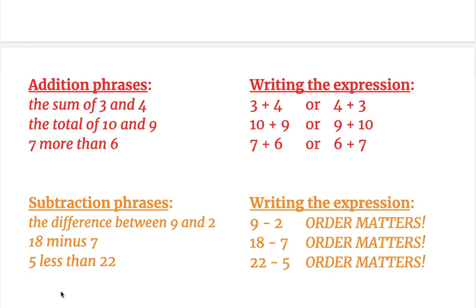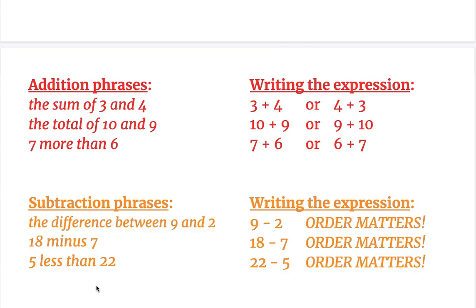And here's a tricky one. 5 less than 22. Usually people see less than and they think it's the less than or greater than sign, but here they're saying you're taking 5 away from 22. 5 less than 22. So you're doing 22 minus 5. 5 less than 22 would be 17.